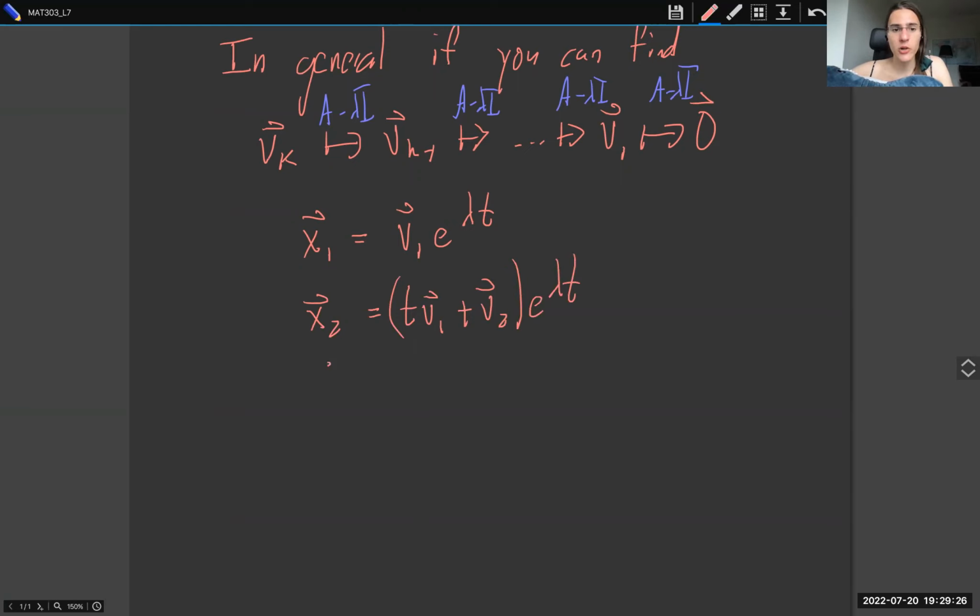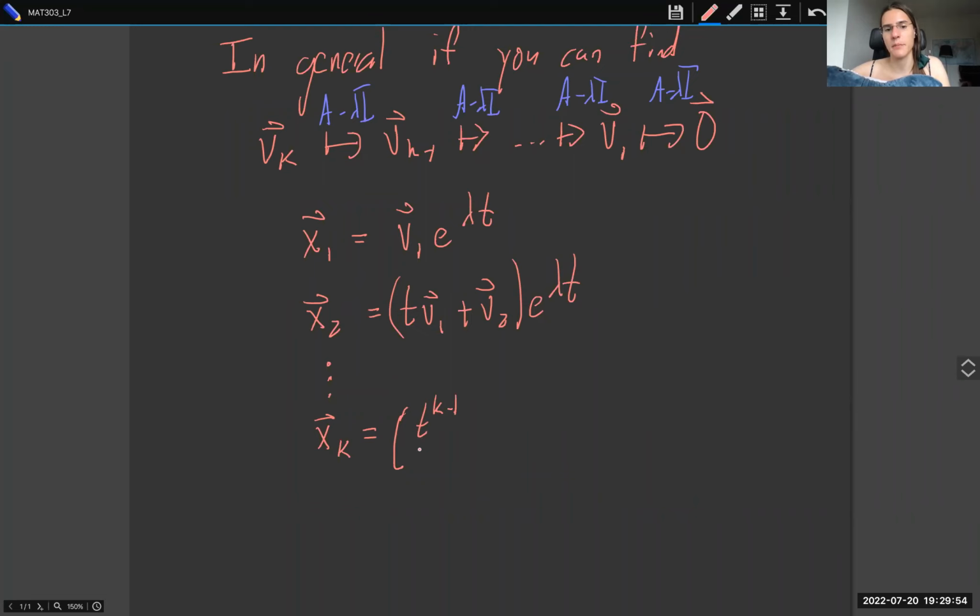And then the general ansatz. Well, I'm going to write what the last one is, but it's sort of going to tell you what the general one is as well. So eventually, if we started off at the power 0 and we went k steps down, then the power would be t to the power of k minus 1, because we started off at 0 and then we counted to k.